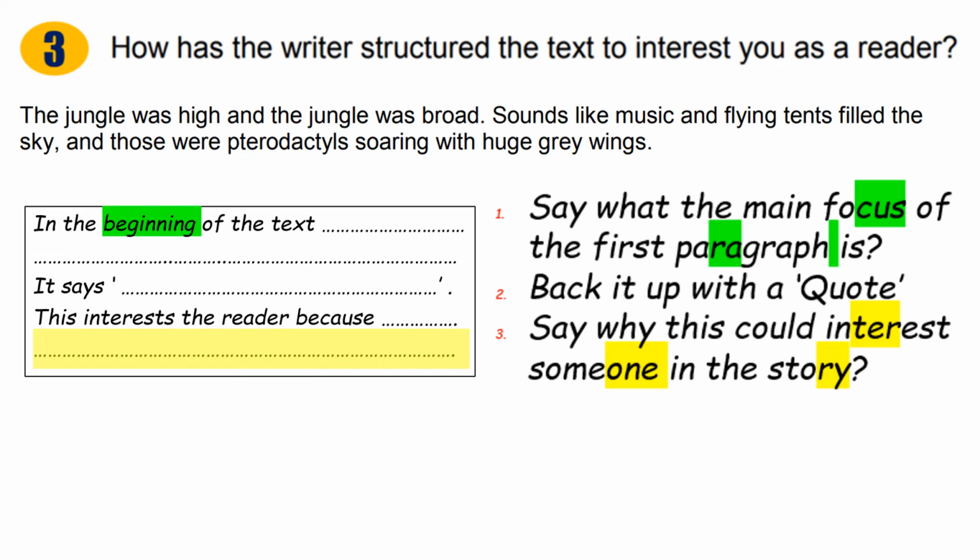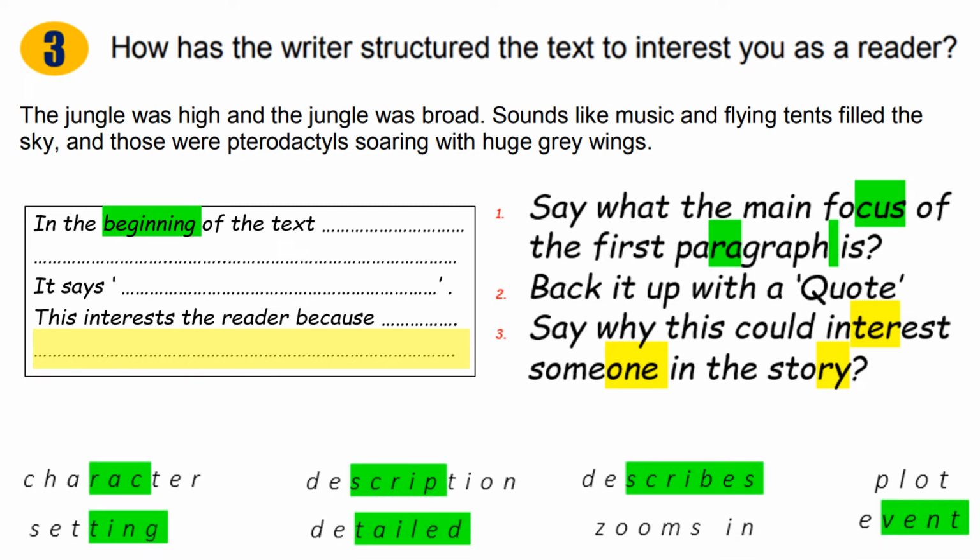So this extract is focused on the setting, and in this first part where you make a point, you're going to use some of these words. So I might say, in the beginning of the text, the writer focuses on a description of this strange setting, and I've used there some subject terminology.